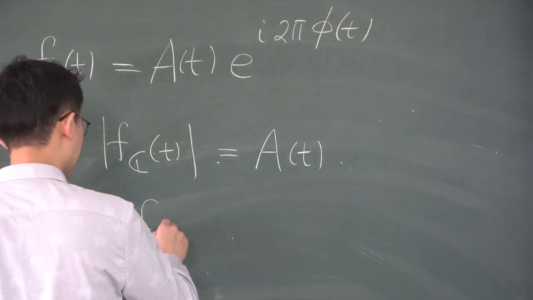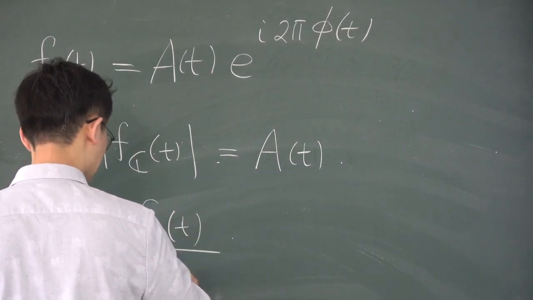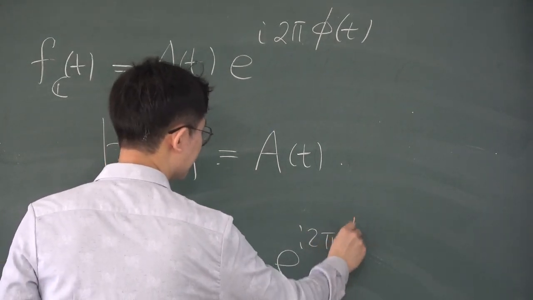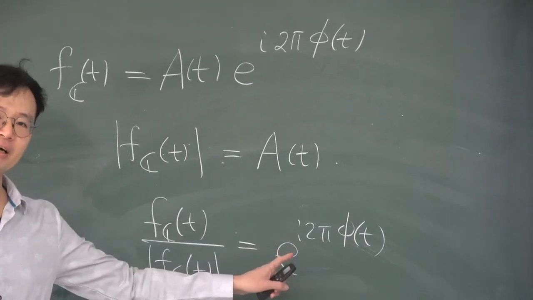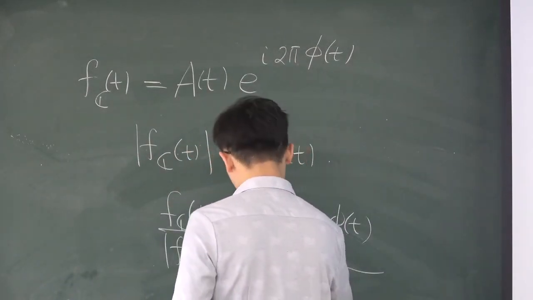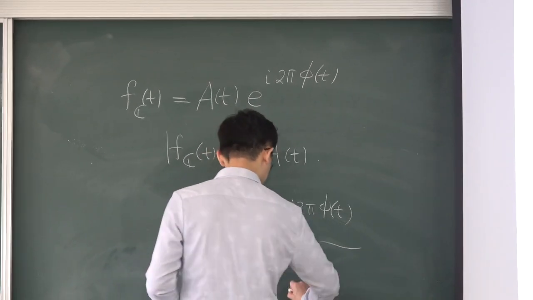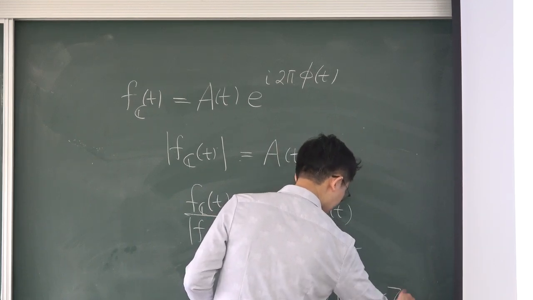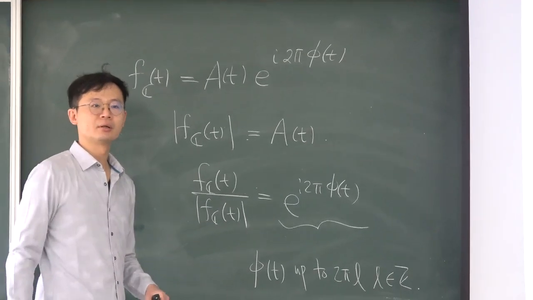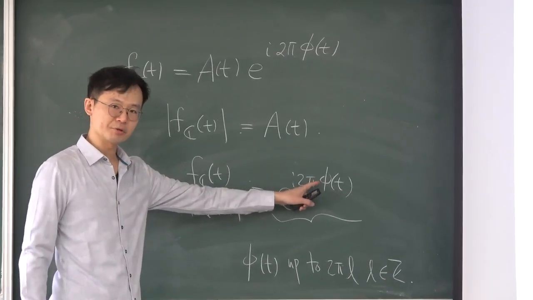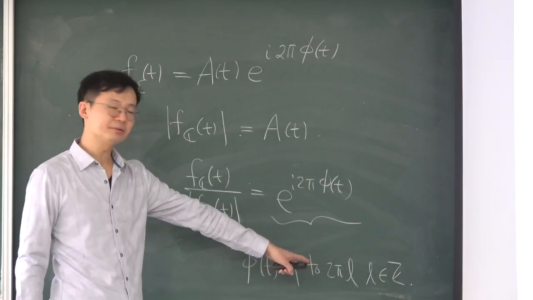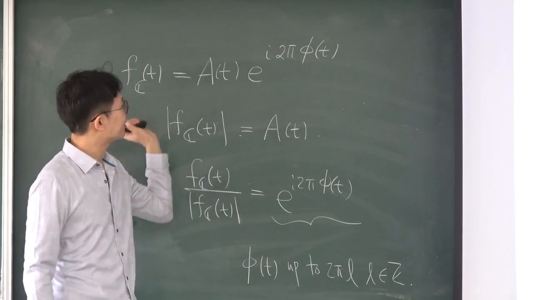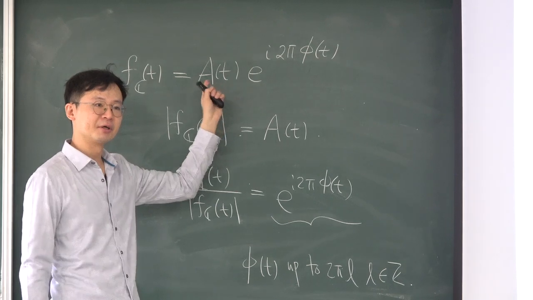Then you just consider the division, and you get exponential i 2 pi phi of t. Once you get here, you can easily recover phi of t up to 2 pi L globally. So the phase is usually unique up to some 2 pi L, and the amplitude is always unique. This is very peculiar behavior when you have a complex form.